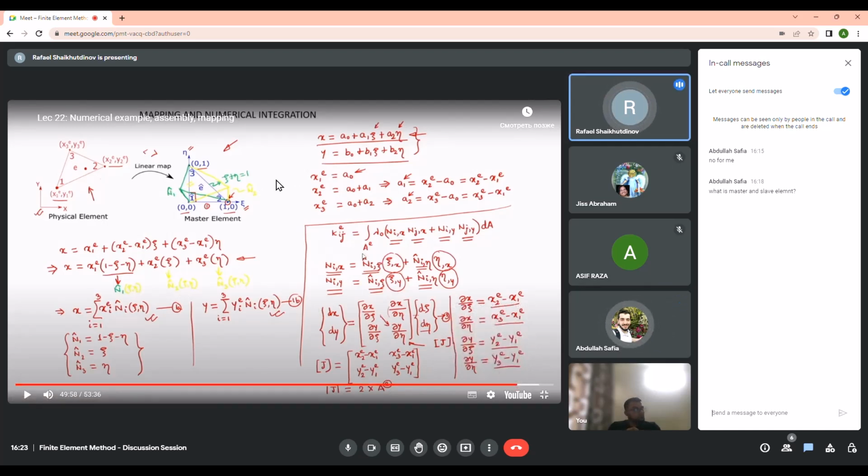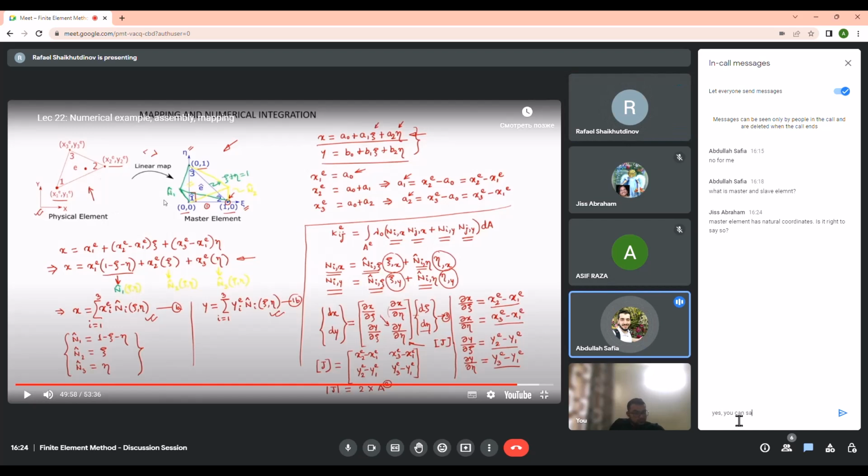Now I want to show why we need this master element. As you can see here, we have an integration step of the domain. In the finite element method, we are not doing integration for the physical element because it's too hard, with a lot of coordinates there. We just collect all information about nodes in the physical element and map it to the easy master element. Got it.